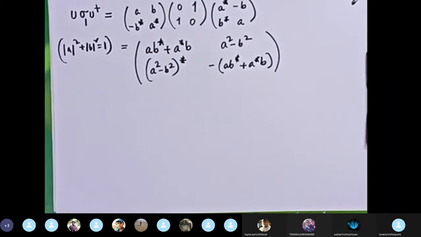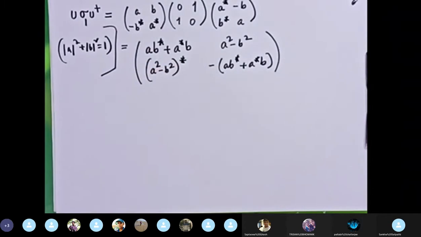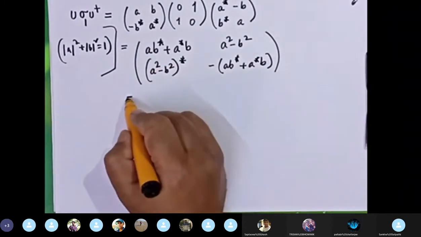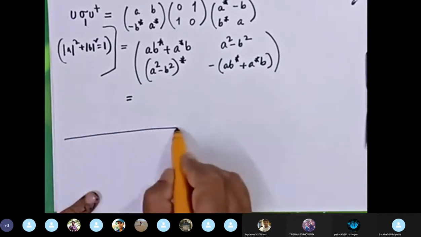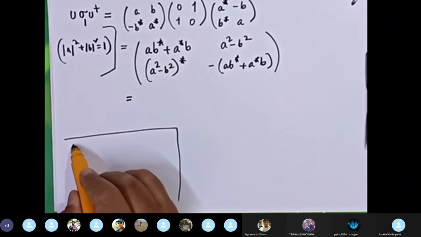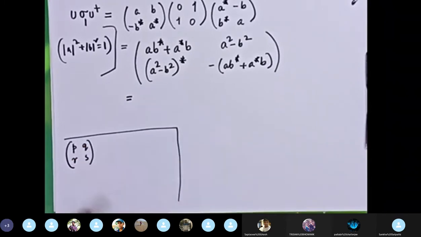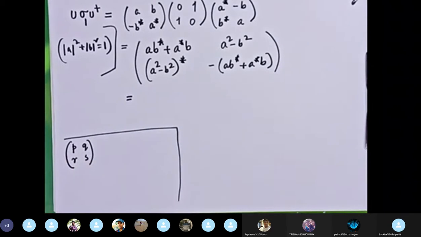This is trivial. Now see, suppose there is any 2x2 matrix P Q R S which is traceless.